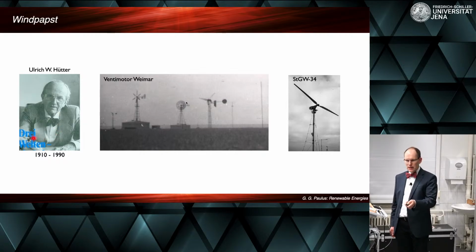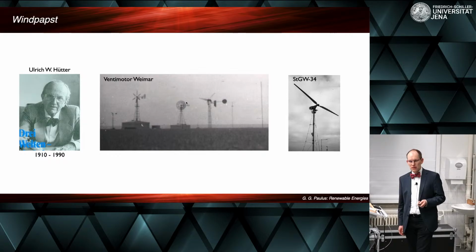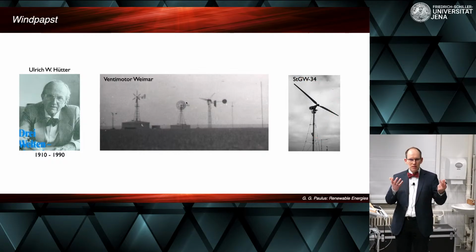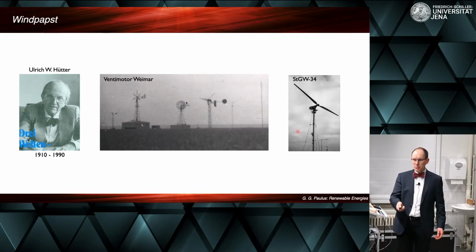After the war, eventually he became professor in Stuttgart, and he picked up on his earlier research on windmills, and he invented all the modern designs that made wind power a mature technology. He was called the Wind Pope, and he influenced all the successful approaches.